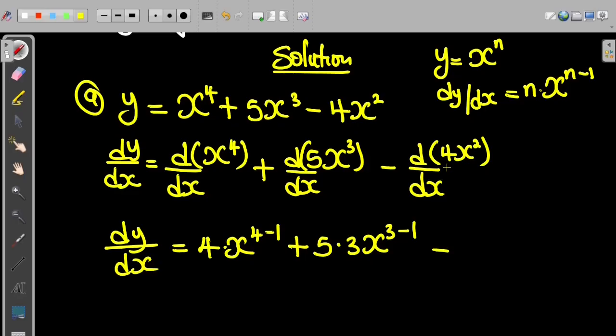Also, 4 being a constant, we can write down 4 multiplied by 2, multiplied by x to the power of 2 minus 1.